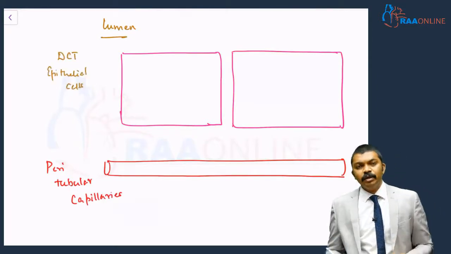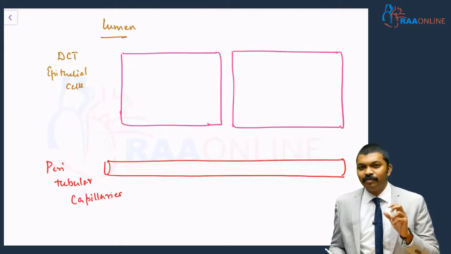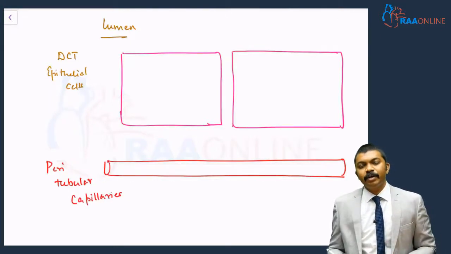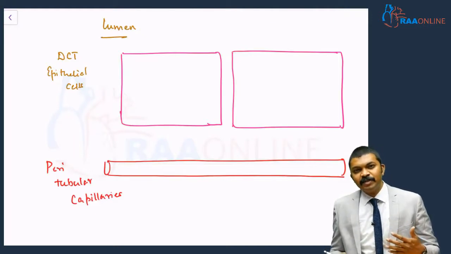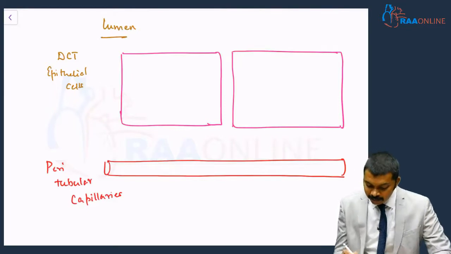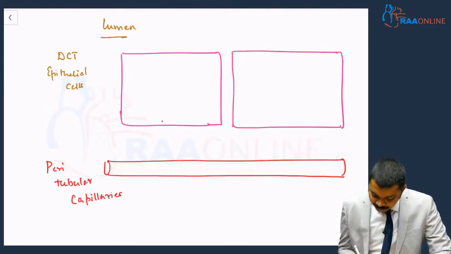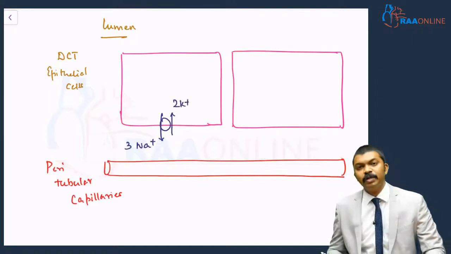Now friends, let us get to the business here. On the basal side of the cells, when I say basal side, it means the cell membrane that faces the peritubular capillary, not the nephronic lumen. On the basal side, we will be having a transporter called sodium potassium ATPase, which pumps 3 sodium out in exchange for 2 potassium. You know this.